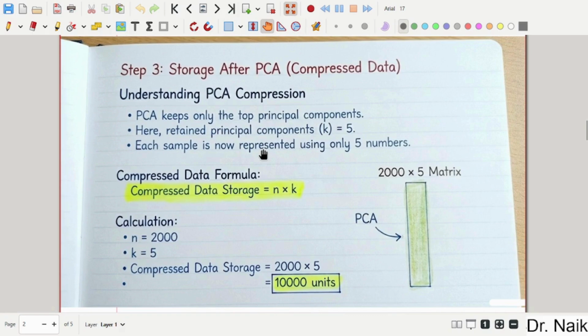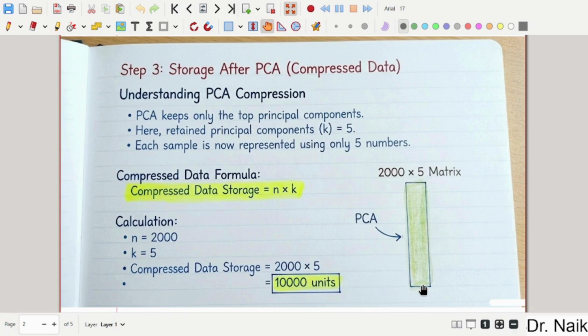Now calculate the storage of the dataset after applying PCA, that is principal component analysis. After applying PCA, the data gets compressed. The question says to retain 5 principal components. Each sample is now represented using only 5 numbers.